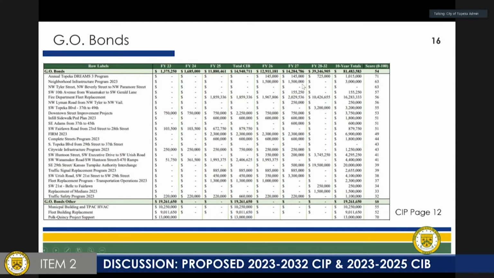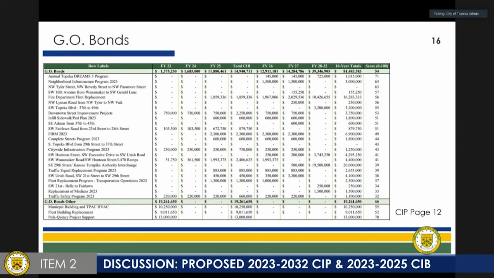For geo bonds, the breakout is on page 12, which if you're looking at it online, if any of the council members are looking at it on a PDF, that's page 17. But this shows you the breakout of geo bonds. And so we talked about there being a geo bonds and a special geo bonds.